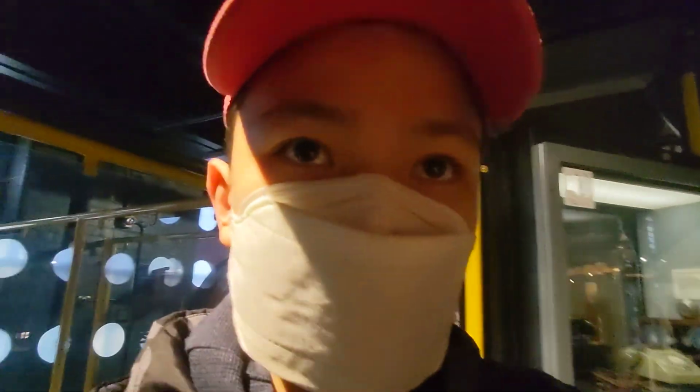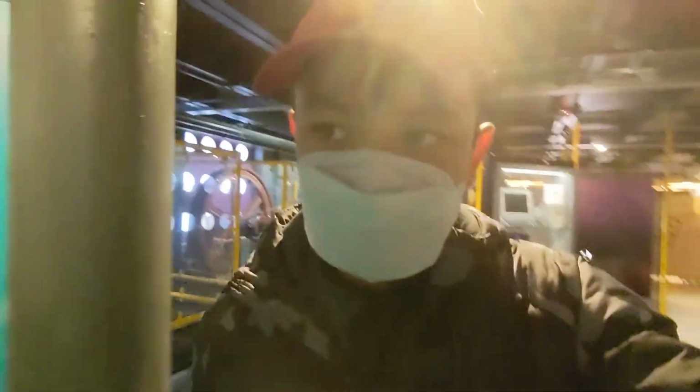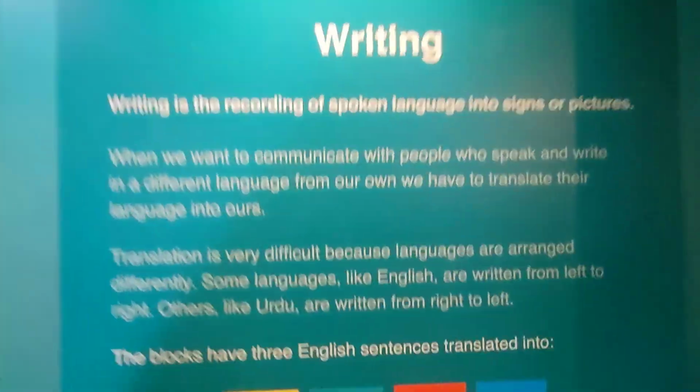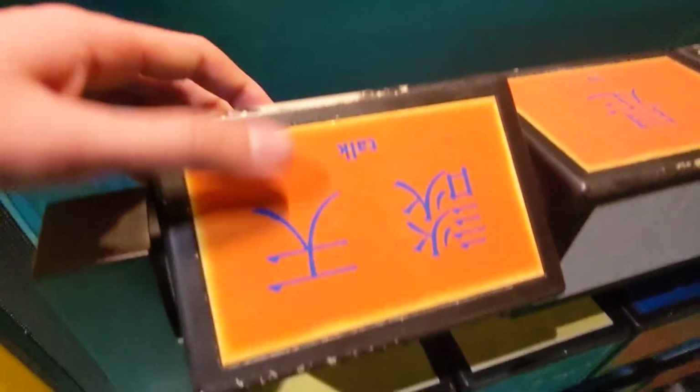So this is a schematic. This one is called showing different language.